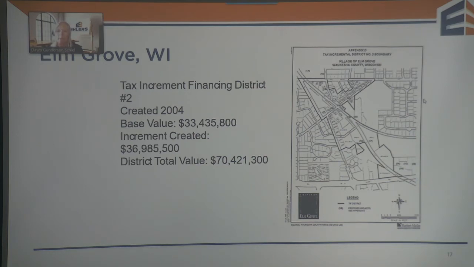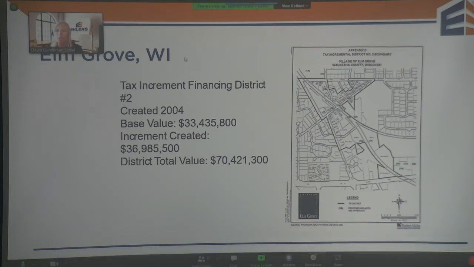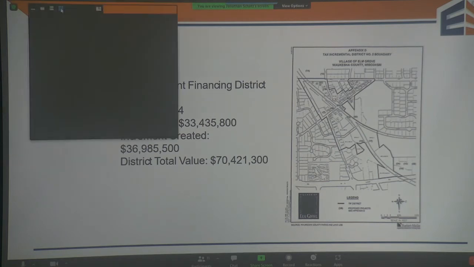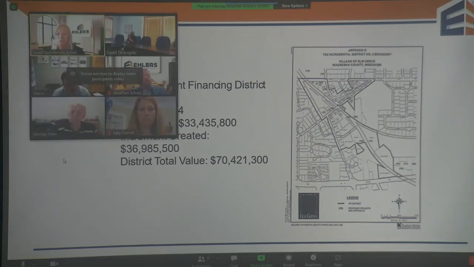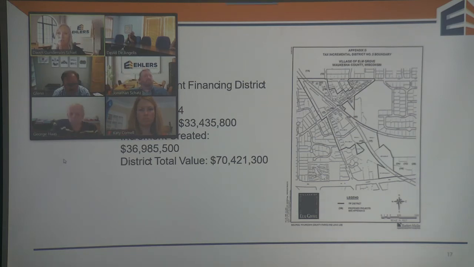Whatever value that property has today becomes part of the base value of the new district. So it's basically frozen in time in the old district as part of its increment, becomes base value in the new district, and anything from the point the new district is created going forward becomes value in that new district.